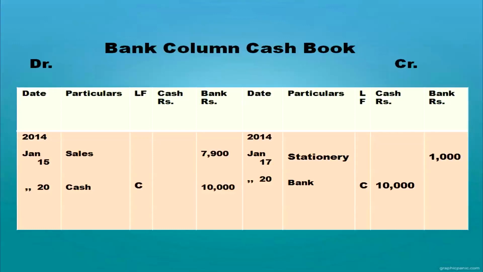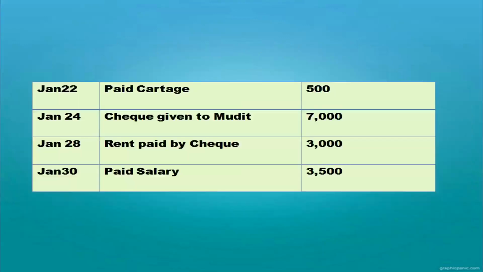Date you have to put by reading the transaction, and representing that it is a contra entry, you have to write capital C in the ledger folio column. Paid cartage 500 rupees. Check given to Mudit 7,000. Rent paid by check. Paid salary. Paid cartage, cartage debit to cash.